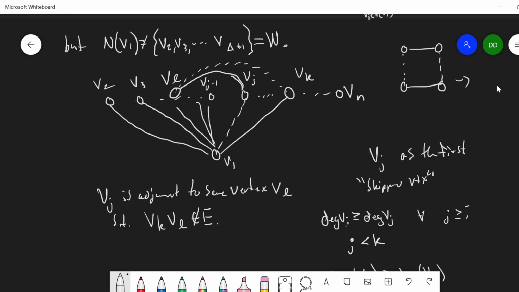And we can do a 2-switch to take this to here without disturbing the degree sequence. What this is telling me is I can switch the non-edges with edges and not disturb the degree sequence. That is, I can use a 2-switch here.